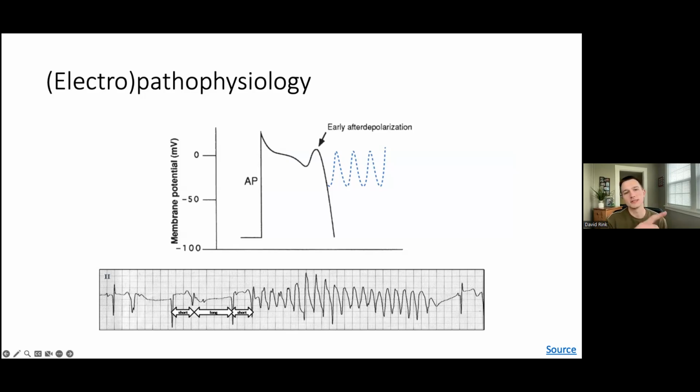Where you had previously seen the smooth downslope of the action potential, now we have these early afterdepolarizations. For people who were able to capture this on telemetry, you may see this preceding event of a short, long, short phenomenon, followed by the evolution of the polymorphic ventricular tachycardia.